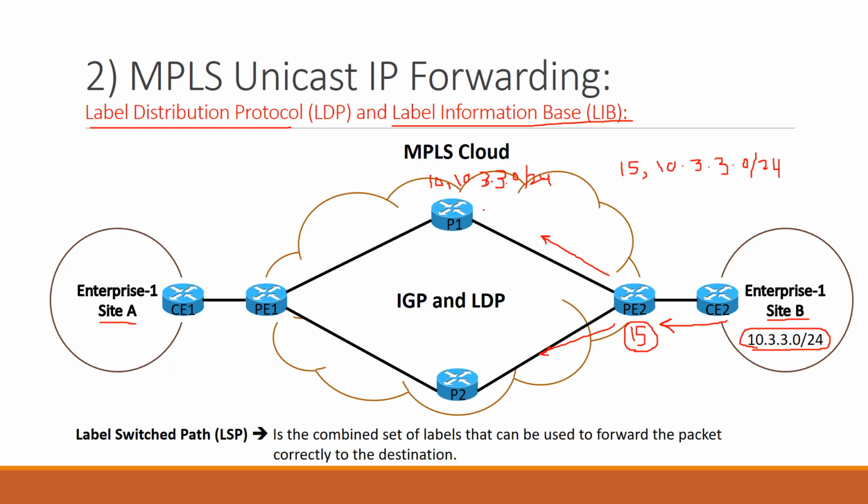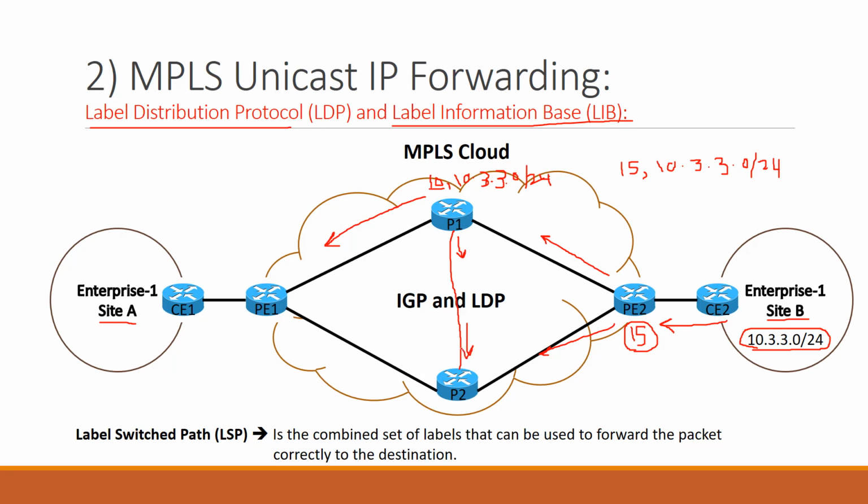10.3.3.0/24. Once it assigns a local label to this learned IP prefix, it will advertise this update to the other LDP neighbors. Let's think that there is a link between P1 and P2. So P1 will send this update to P2 with label 10 and IP prefix 10.3.3.0/24.